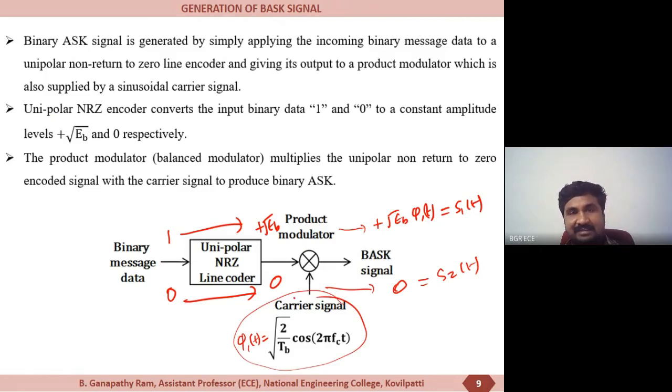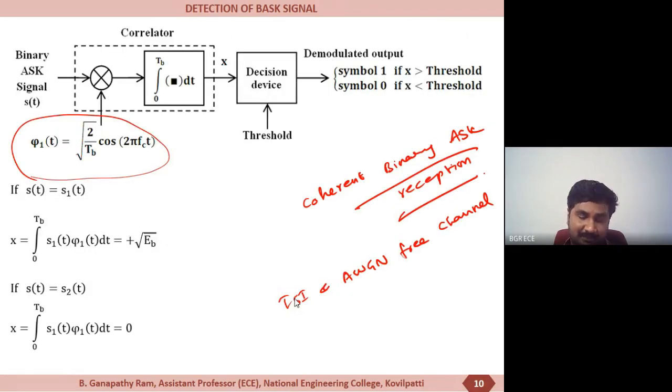That is, both signals are synchronized to each other. Whatever phi1 of t is at the transmitter side is used at the receiver side, that is the same frequency as well as the same phase. If this kind of synchronization happens, then that kind of modulation technique is called a coherent scheme.